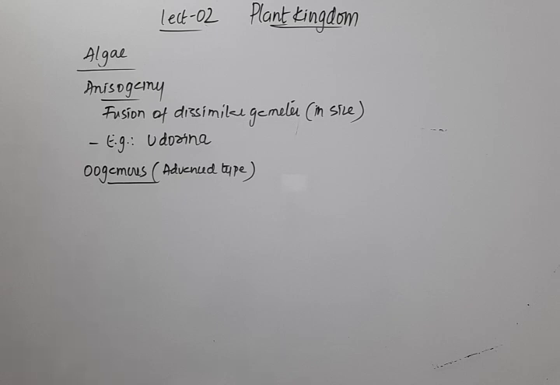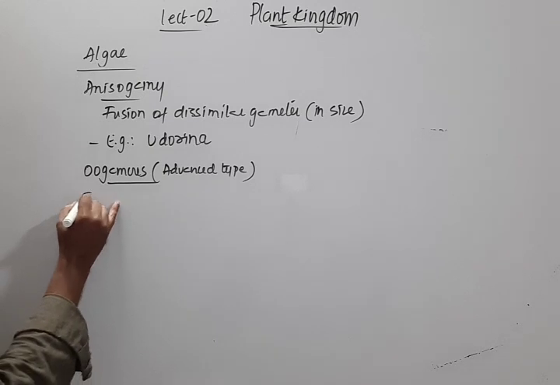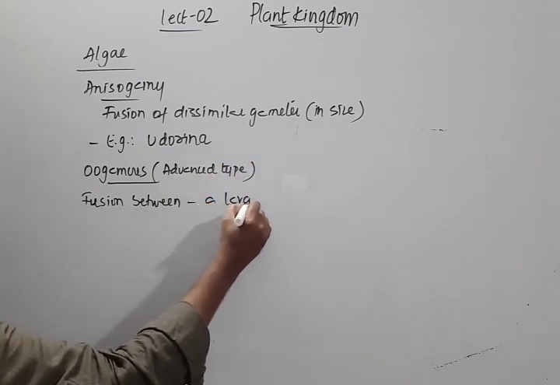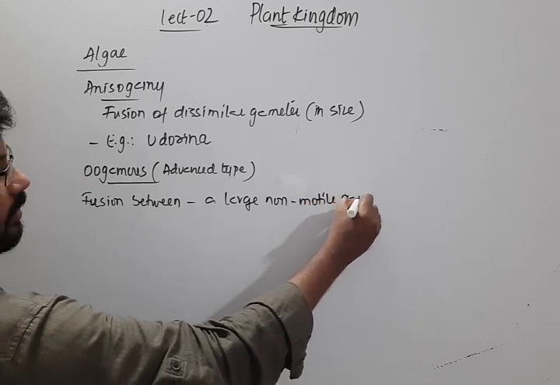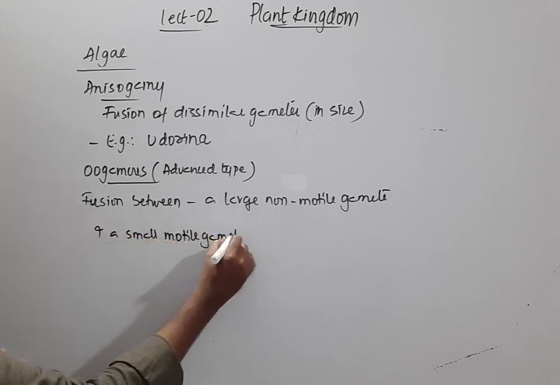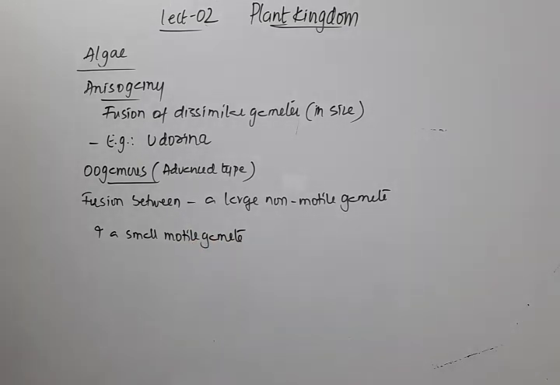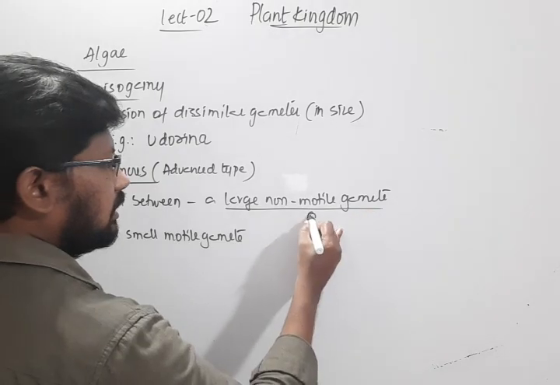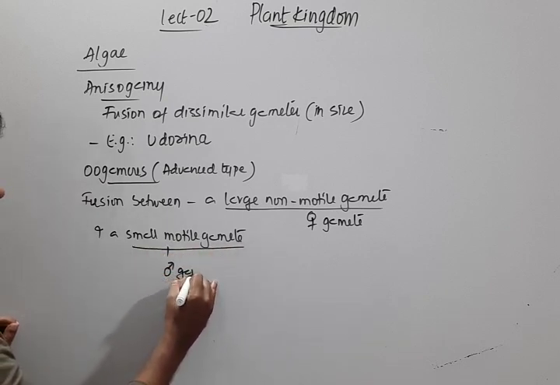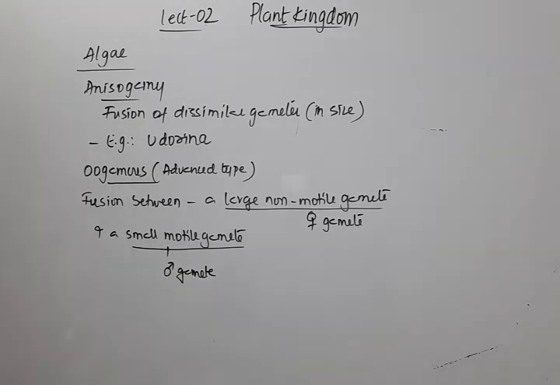In oogamous, there is a fusion between a large non-motile gamete and a small motile gamete. The large non-motile gamete is usually the female gamete, whereas the small motile gamete is the male gamete.